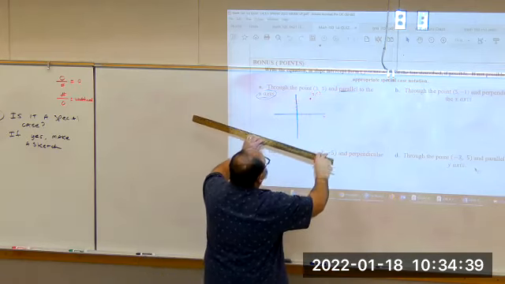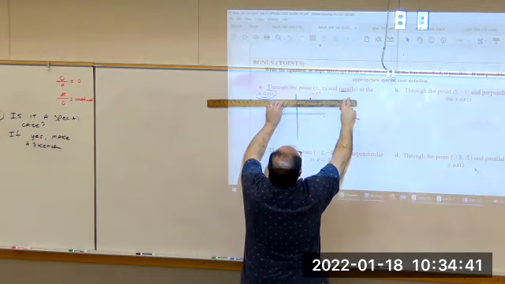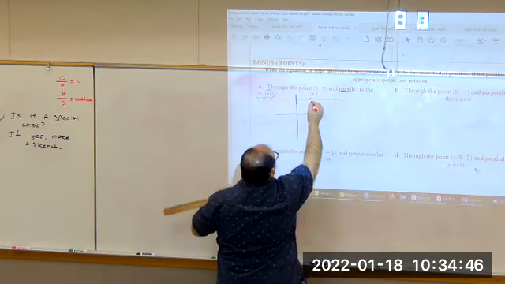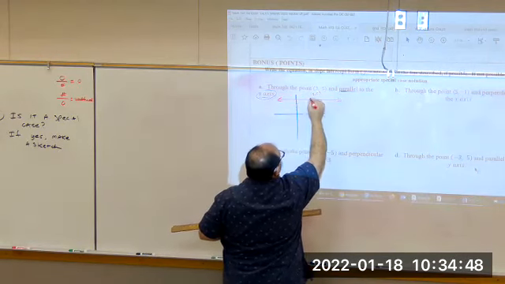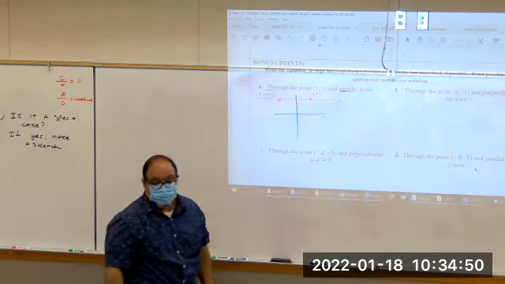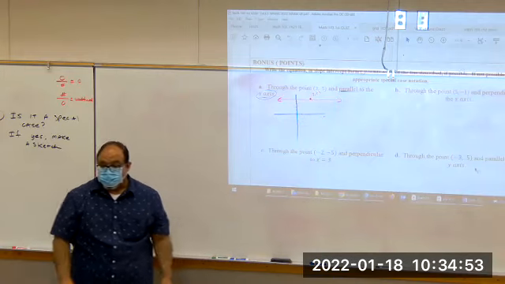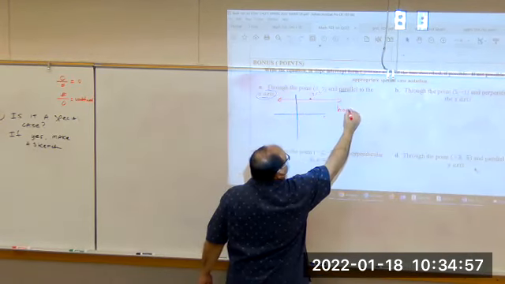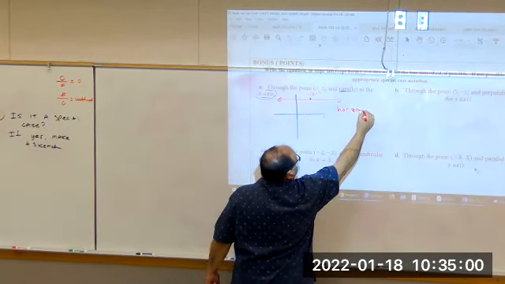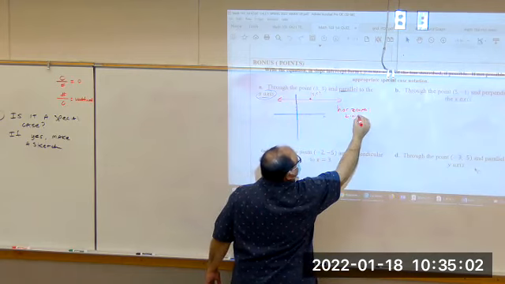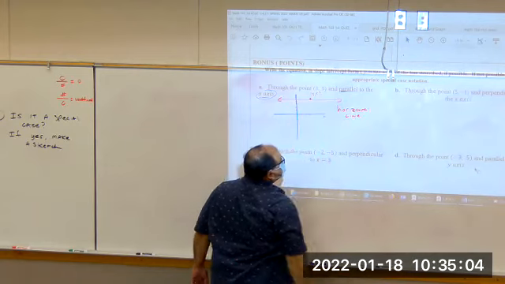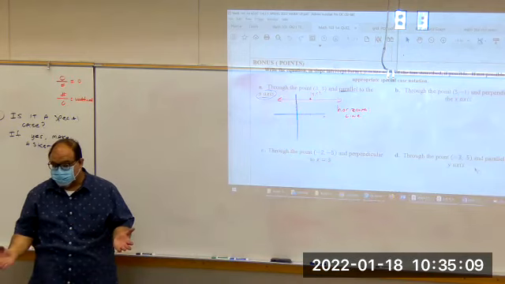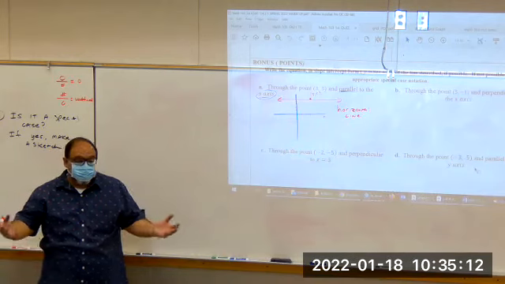So parallel to the x-axis is going to go left and right as well. That's what was just described. And what we just described is a horizontal line. The line they're telling me about is horizontal. So it is a special case.